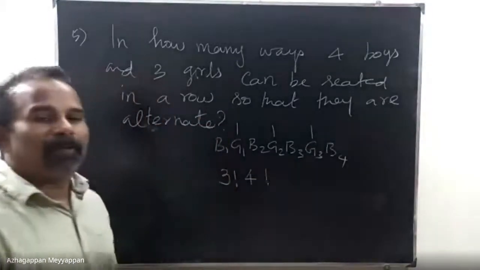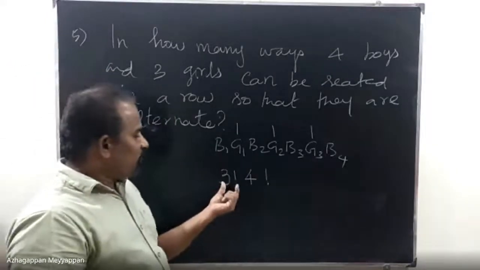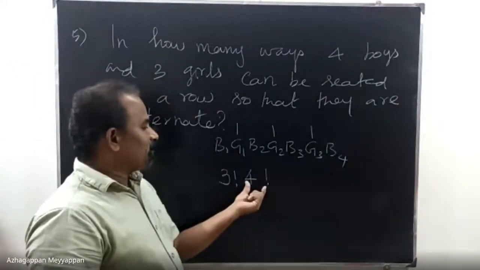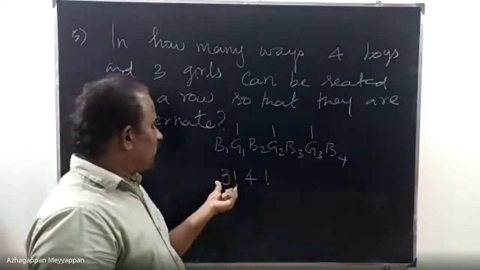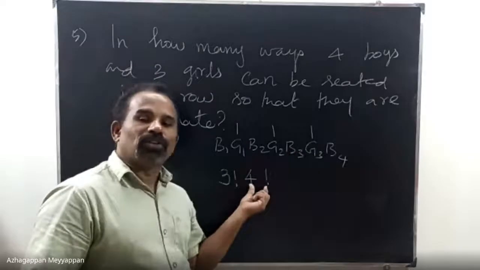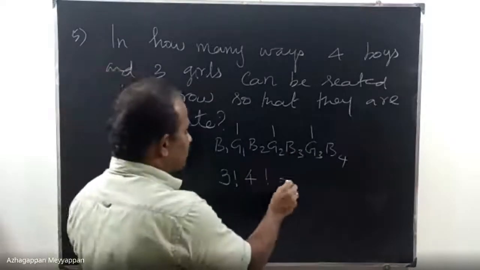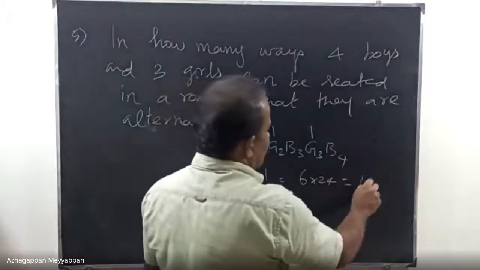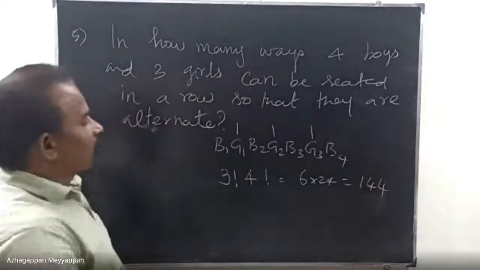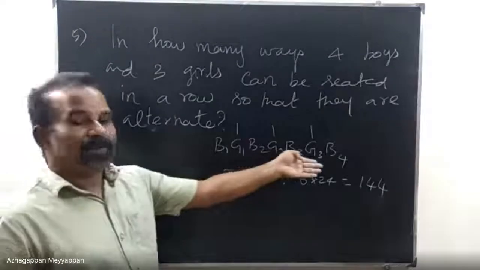Very simple. So therefore, the answer is 3 factorial into 4 factorial, 6 into 24. Therefore, the answer is 144. So this is the way.